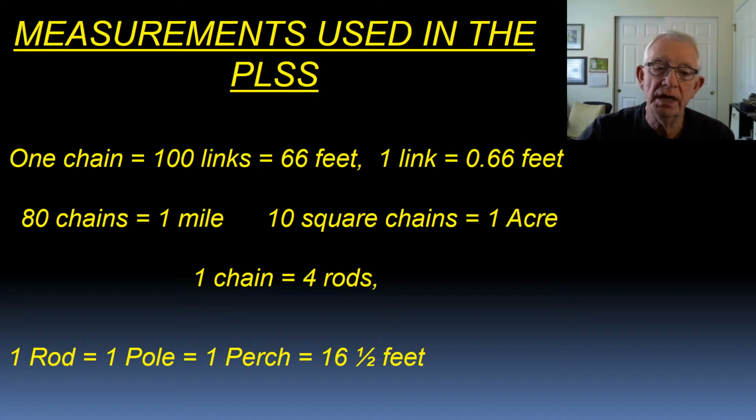And one rod equaled 1 pole, which equaled 1 perch, which all equaled 16.5 feet. Now, depending on where you were in the country, they would call these distances rods, poles, or perches. Here in the Northwest, you can see them called all three of those things depending on the survey. But this is the system of measurement that they used for determining distances.